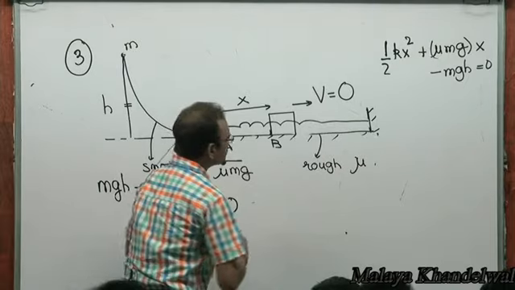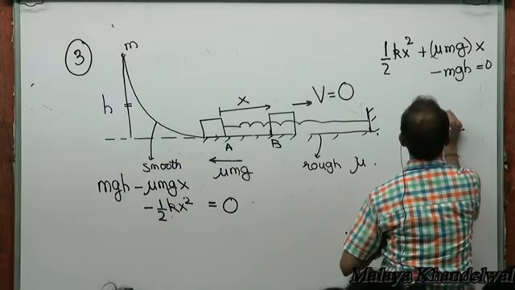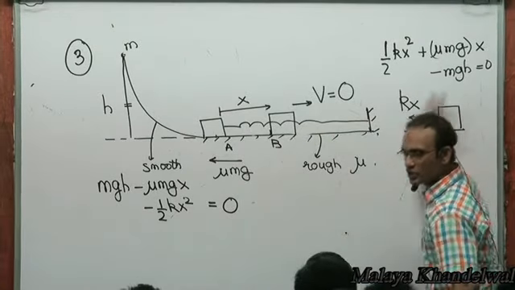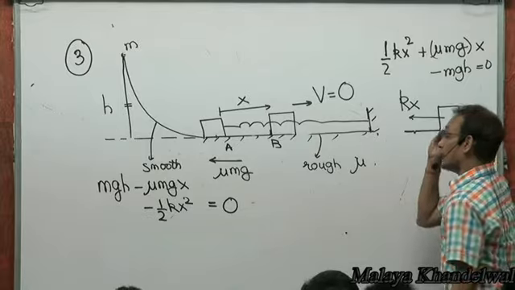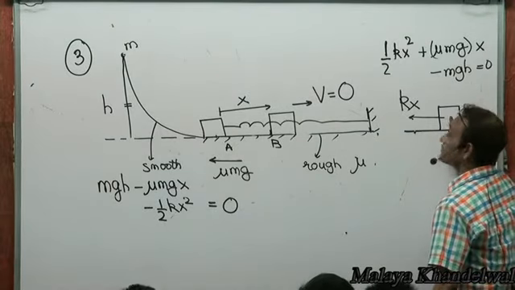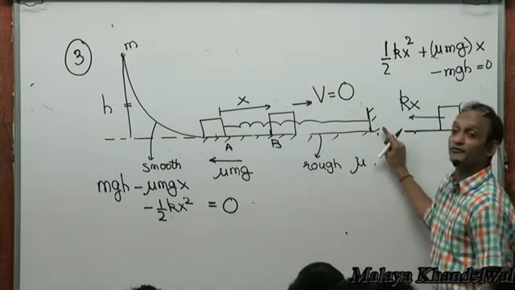Now, after the spring gets compressed by an amount x, the spring will exert on this a force kx to the left. The spring has got compressed, right? Now, this particle will move to the left only if kx is greater than mu mg.